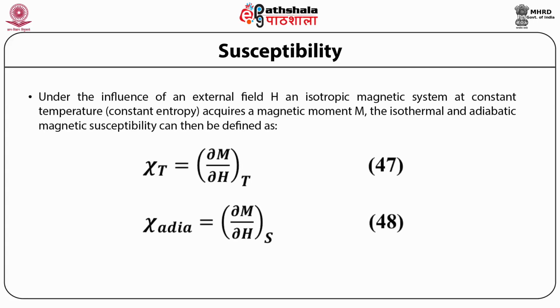Under the influence of an external field H, an isotropic magnetic system at constant temperature or constant entropy acquires a magnetic moment M. The isothermal and adiabatic magnetic susceptibility can then be defined as chi T is equal to delta M by delta H at constant temperature, the isothermal magnetic susceptibility, and chi S is equal to delta M by delta H at constant S, the adiabatic magnetic susceptibility.